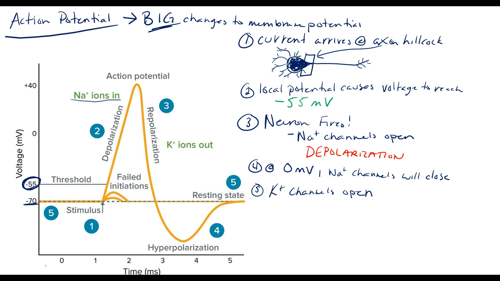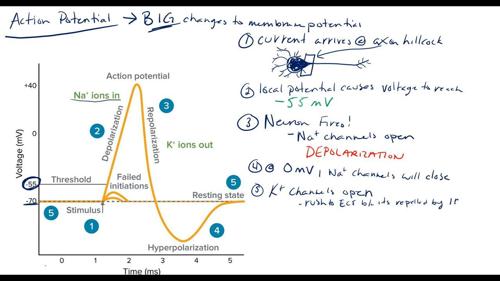It does that again because of the concentration, but the potassium, which is a positive ion, is also repelled by the positive intracellular fluid. So it's going to rush out to the extracellular fluid because it's repelled.